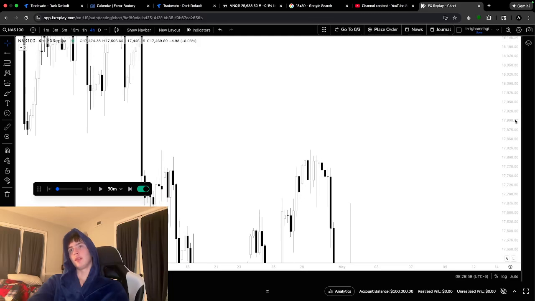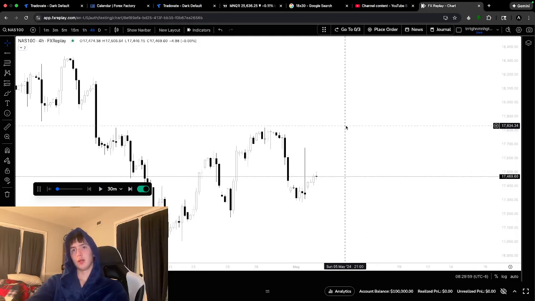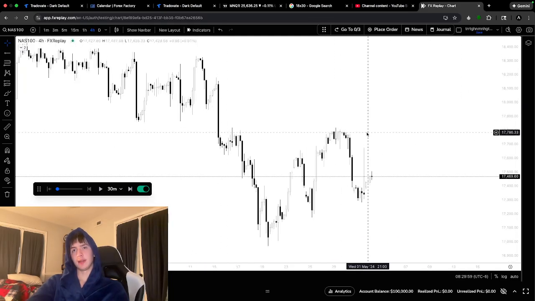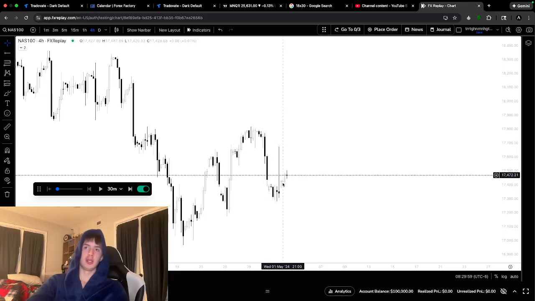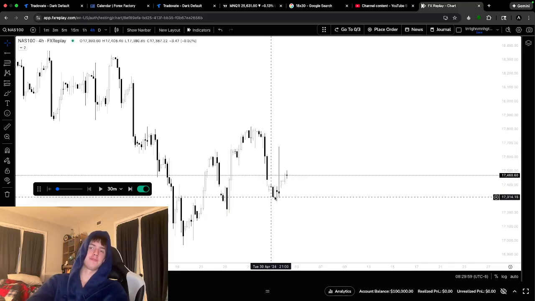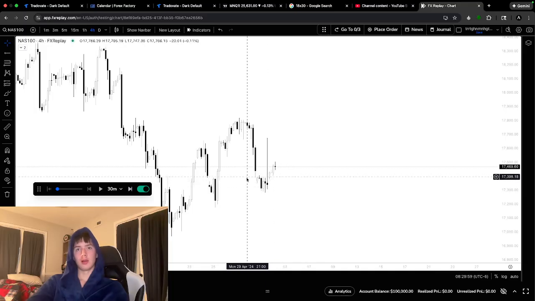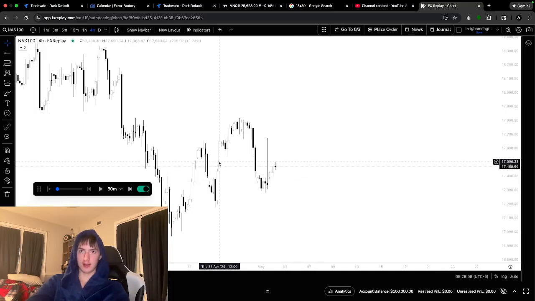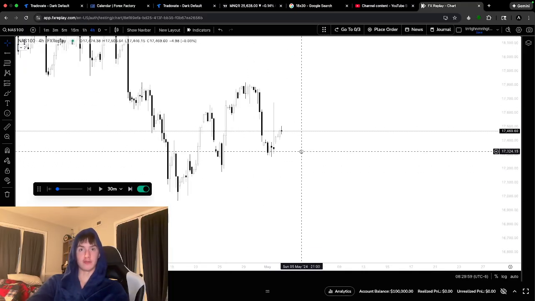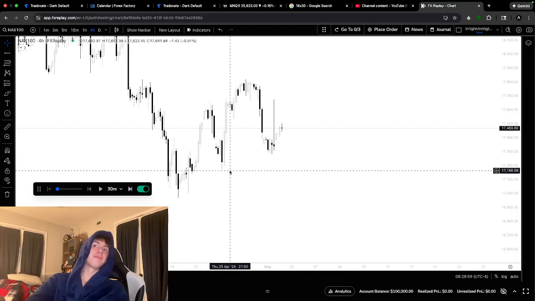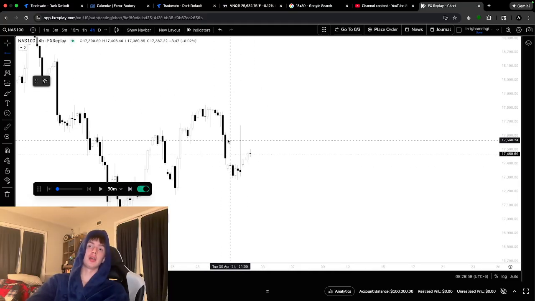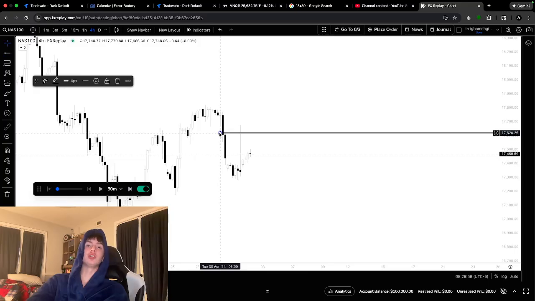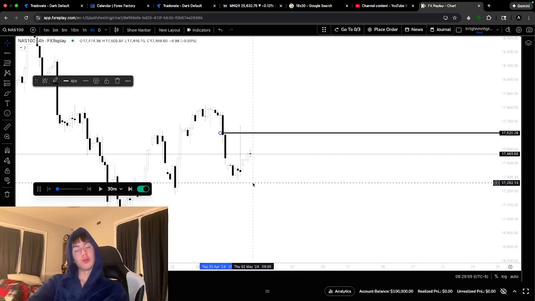But anyway, the main thing is that we hit this fair value gap and had a bearish reaction. We hit the top fair value gap right here and had a bearish reaction, a very large rejection off of this. And we just inverse this, and we're having some bearish reactions over here. So my bias is short, or bearish.